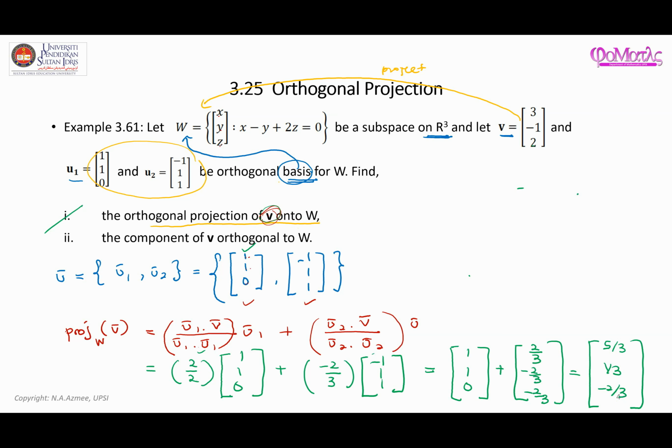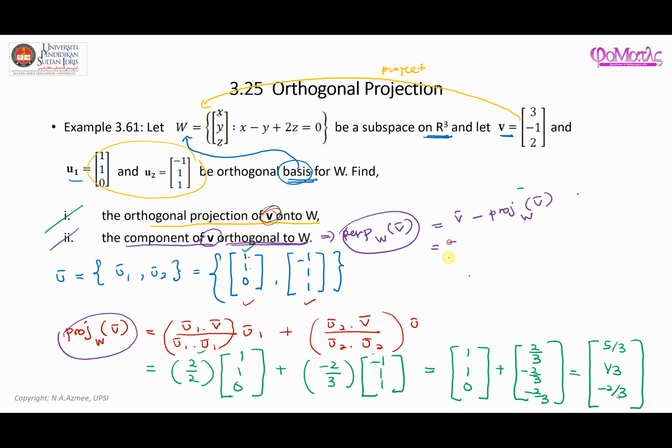The next question is asking you to find the component of V orthogonal to W, which is denoted by V perpendicular onto W. To find this, we just need to take vector V minus the projection of V onto W. So we have 3, negative 1, 2, minus the result that we have, 5 over 3, 1 over 3, and negative 2 over 3.